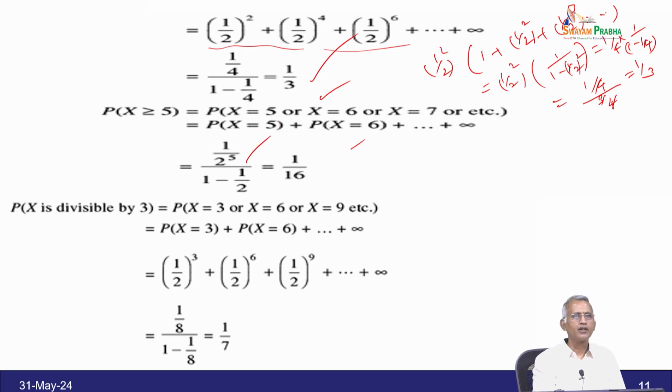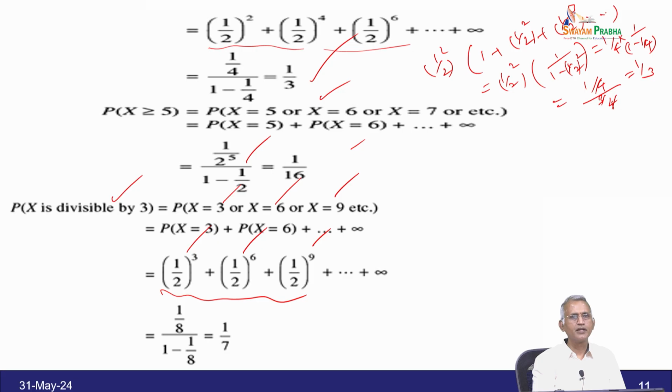Next one is probability of x is divisible by 3, in the sense that the variable will come either 3 or 6 or 9 etc. So, probability of x equal to 3 is 1 by 2 the whole cube, then 1 by 2 the whole power 6, 1 by 2 the whole power 9, and so on up to infinity. Once again this is a geometric series.